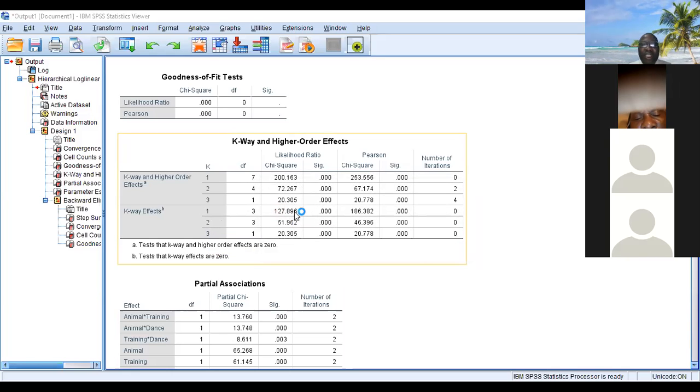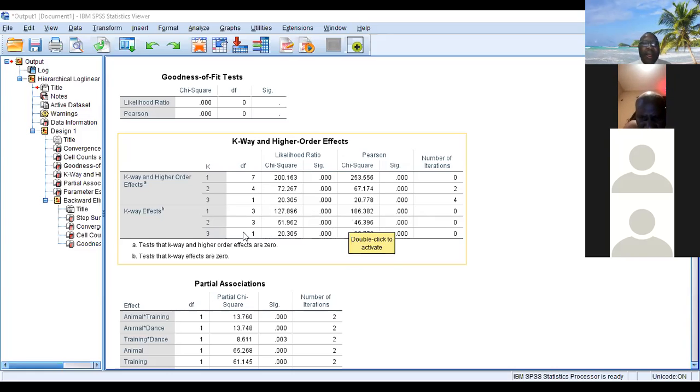That level is also significant. But you will see that the chi-square for the main effect is higher. You expect that, because before there can be interaction effect, there must be main effect. If there's no main effect, you cannot have interaction effect.